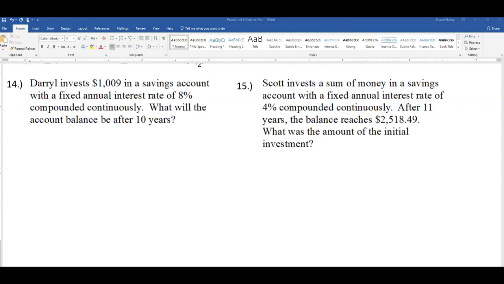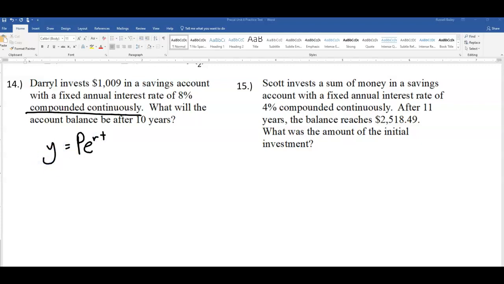All right, so number 14 says, Daryl invests $1,009 in a savings account with a fixed annual interest rate of 8%, compounded continuously. So when we see that word continuously, what we need to think about is the Pert formula.